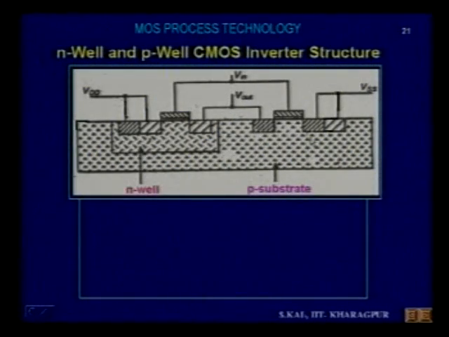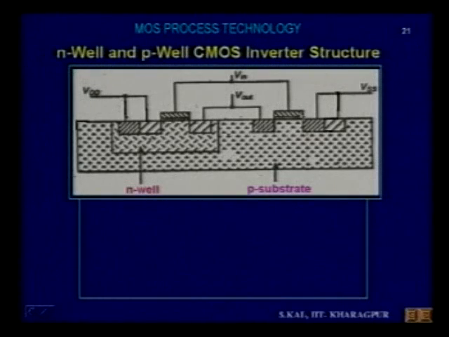Okay. Next are the NOL and POL CMOS inverter structures. How do the inverters look? So this is the NOL, and the structure will be similar to this diagram, based on the process steps we mentioned in the earlier view graph. This is the VDD, this is the VSS, and these are the two gates.